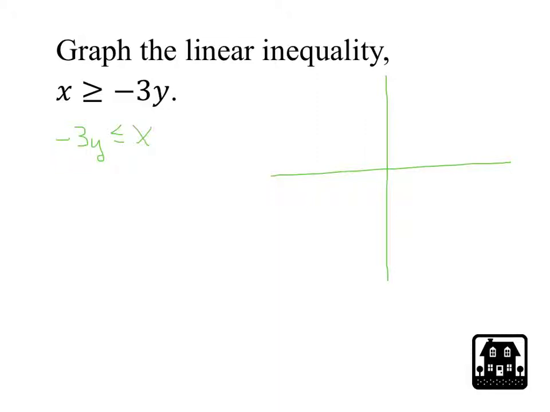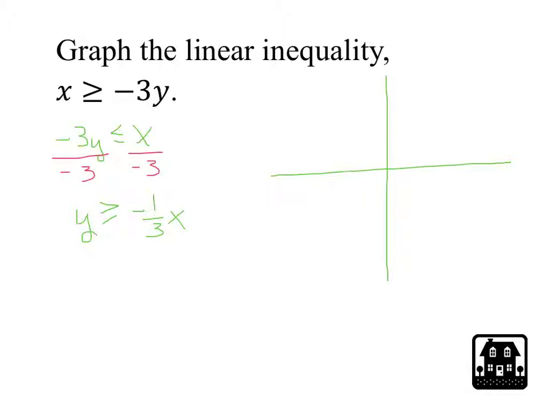And now we're going to divide everything by -3 to get y by itself. And we get y. Now when we divide by a negative number, we switch it again. And we get -1/3 x.